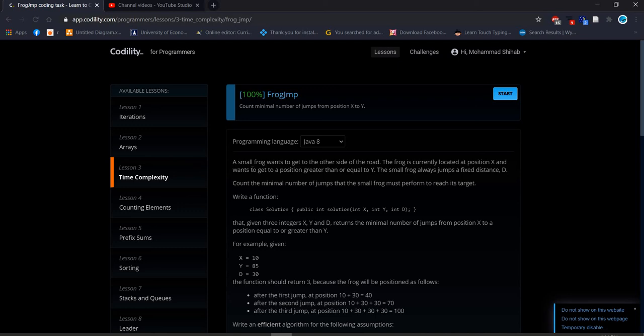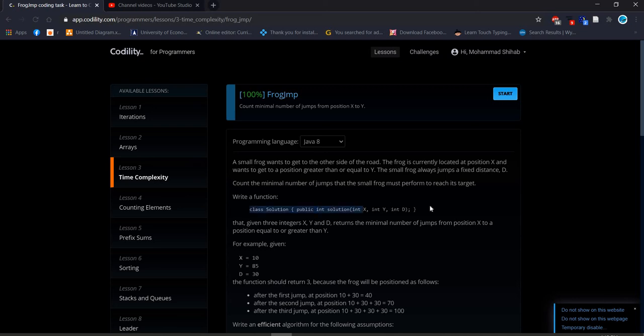The small frog always jumps a fixed distance, that means a fixed distance D. Count the minimal number of jumps that the small frog must perform to reach its target.